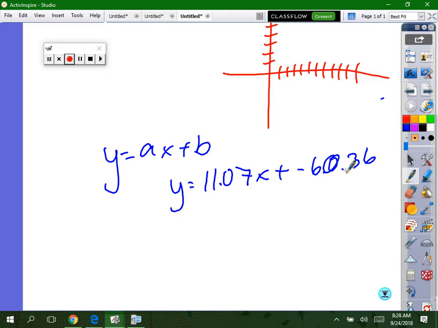Now, what does the stuff below it mean? R squared and r. Well, the closer it is to 1, the better the line's going to fit. So this was 0.96. That's pretty good, huh? Does that mean this is a direct linear equation? No, but it has good correlation. The closer it gets to 0 means less correlation.